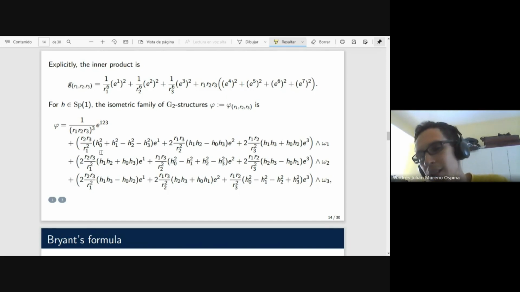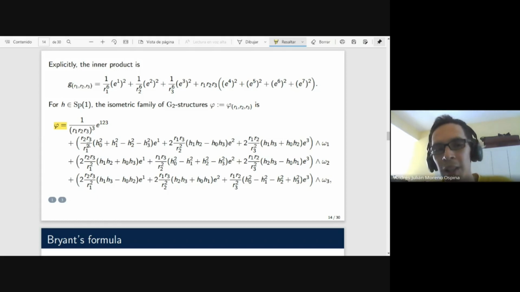The next step will be to put these three-forms into the geometric flow equation, but the equations that you obtain are really big and difficult to solve, even if it's an ODE. Maybe there is no explicit solution.